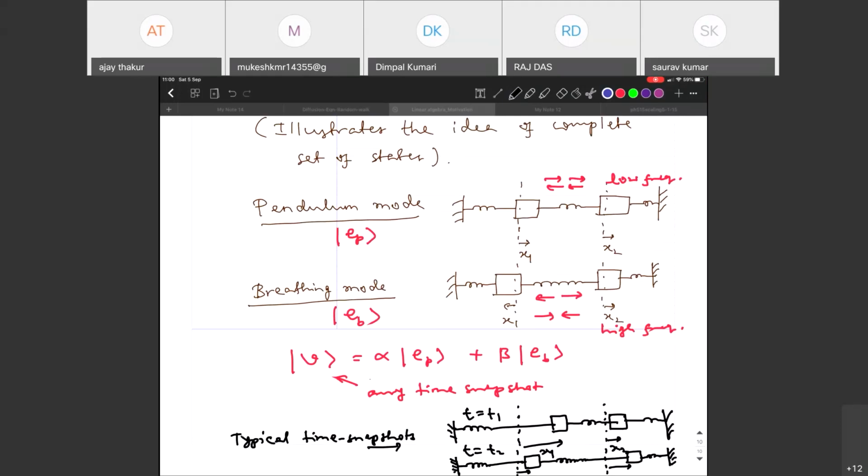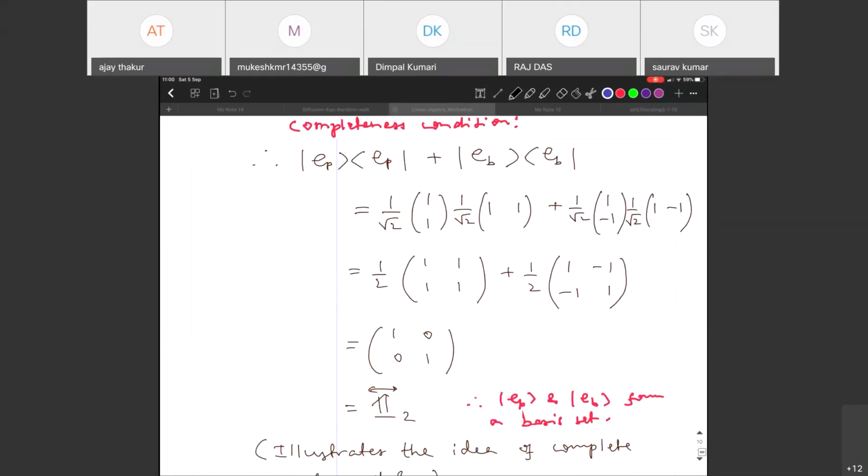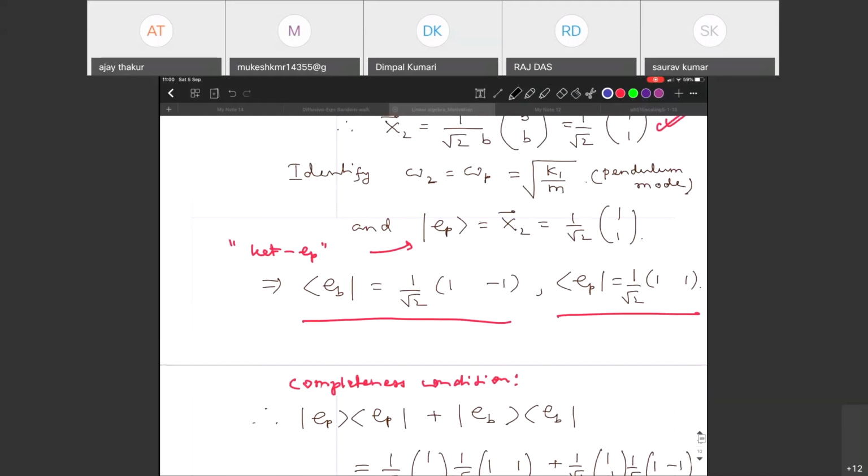The important thing is when you are writing x1, x2, which is the ket vector v, that can be written as some linear combination of the pendulum vector and the breathing vector. That is, we had just found out the pendulum mode and breathing mode.